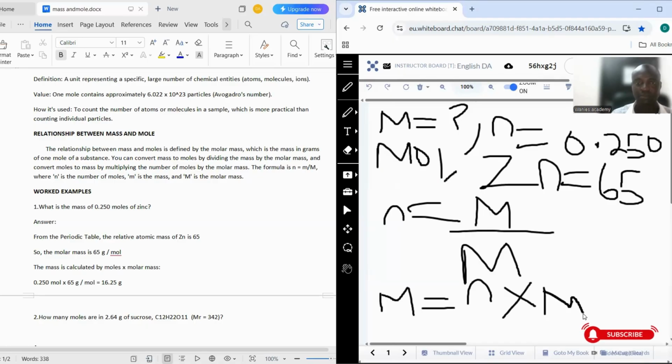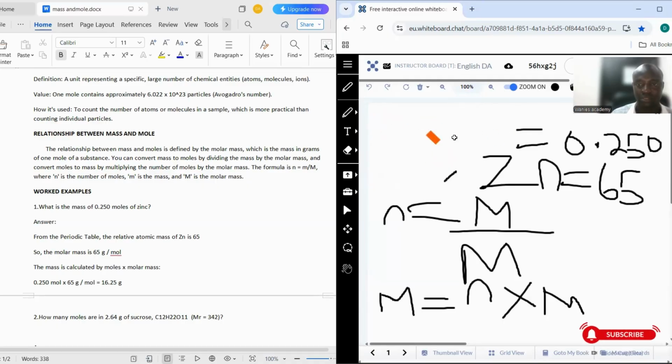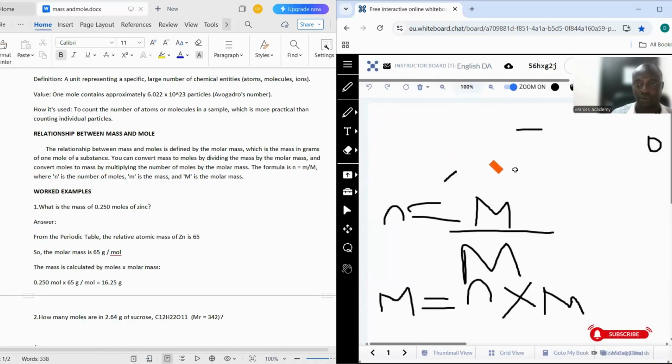Since the relative atomic mass of zinc is 65, the molar mass therefore will be 65 as well.